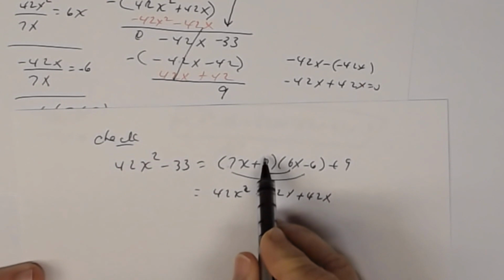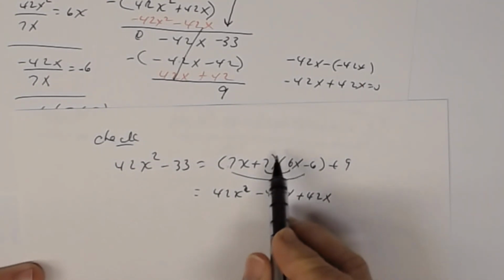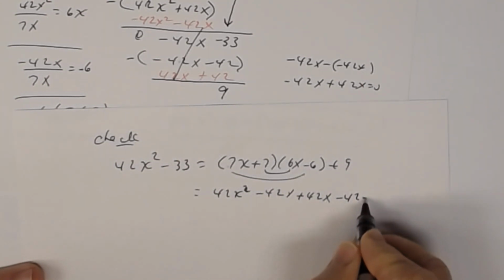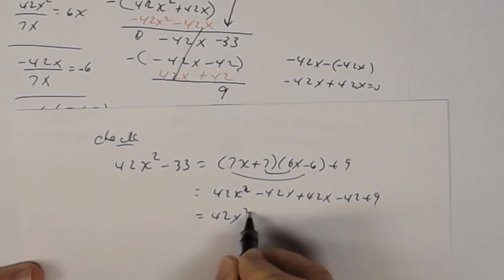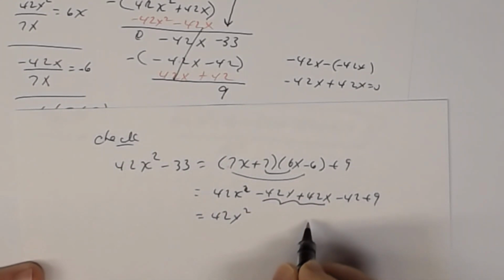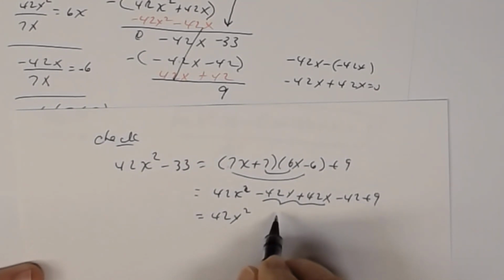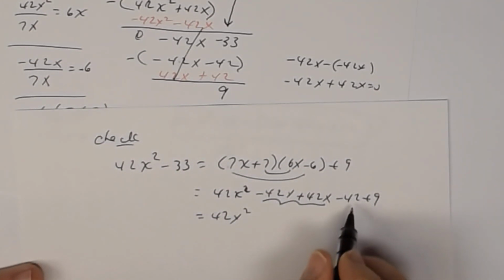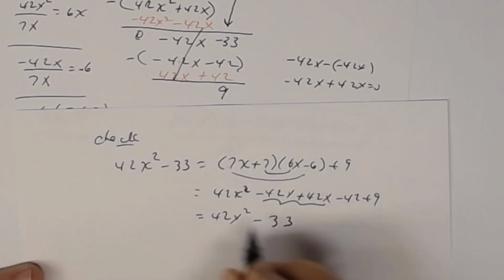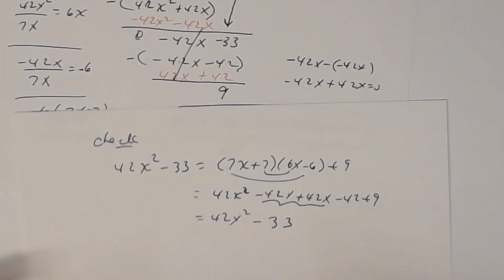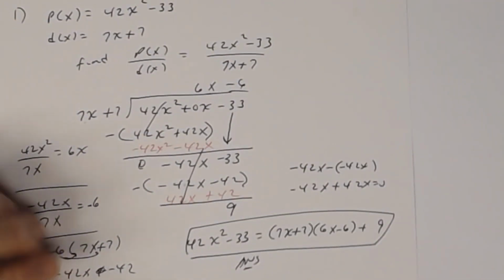And then the last, 7 times a negative 6 is a negative 42, and then plus 9. Combining like terms, I get 42x squared. A negative 42x and a positive 42x, that's 0, so you don't have an x term. And then negative 42 plus 9 is a negative 33. And that's the same thing. So what we have is correct. All this work was done correctly. Okay, so that's number 1.